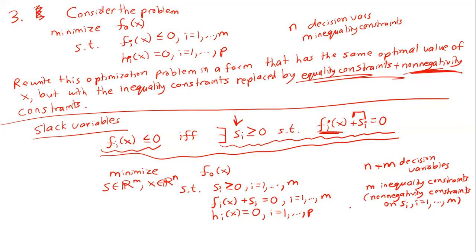Up here, I've got p equality constraints, and down here, I have m plus p equality constraints.